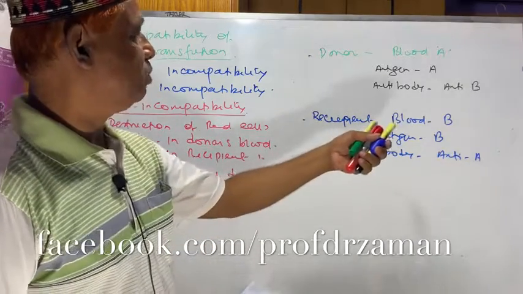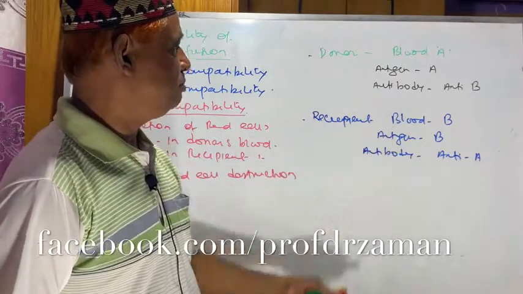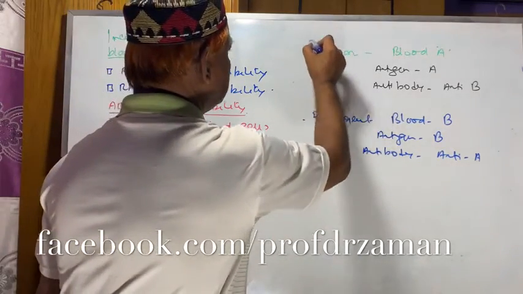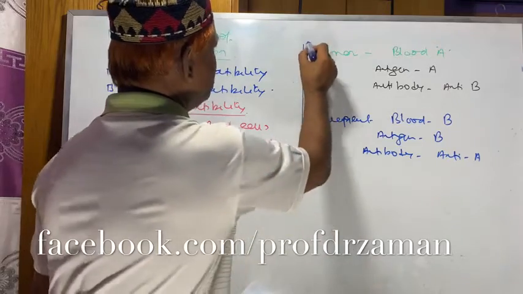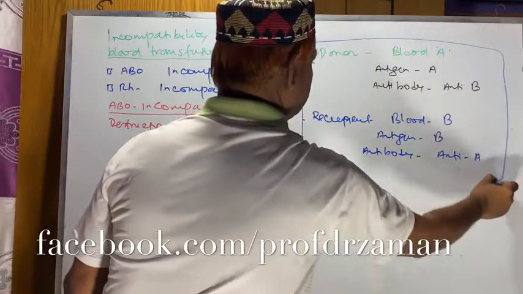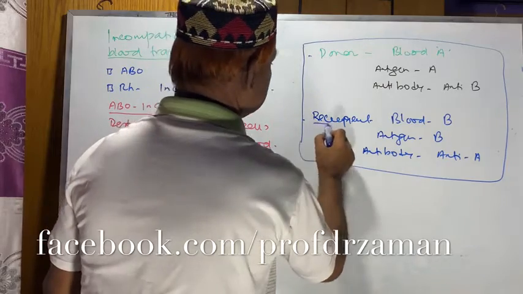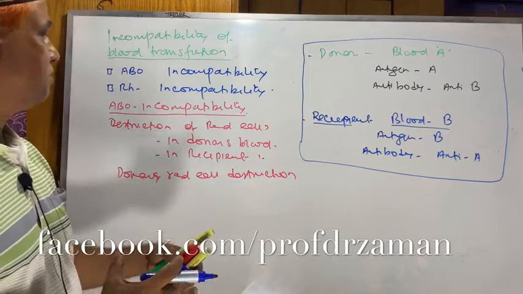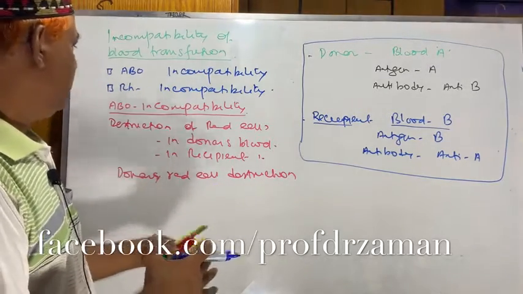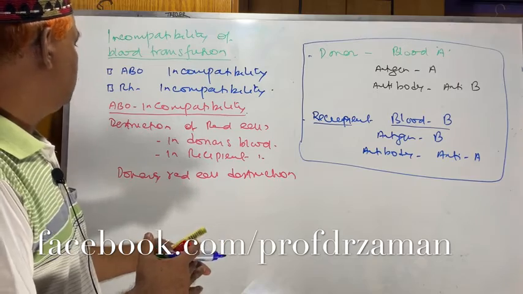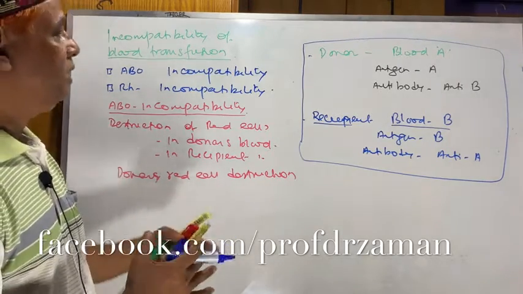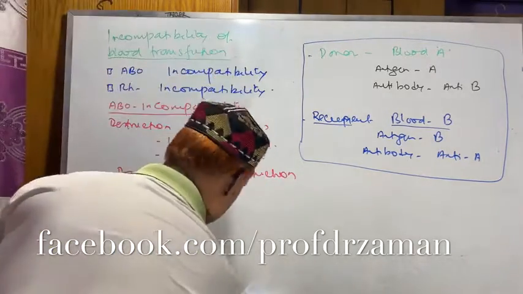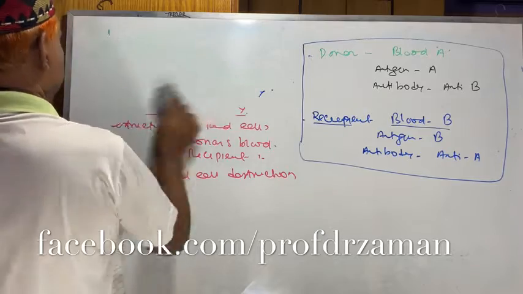If the recipient is blood group B, antigen is B on the red cell membrane, antibody is anti-A. If such blood group A is transfused to a recipient having blood group B, there will be mismatched blood transfusion and ABO incompatibility, and there will be destruction of the donor's red cells. How is the donor's red cell destroyed here?